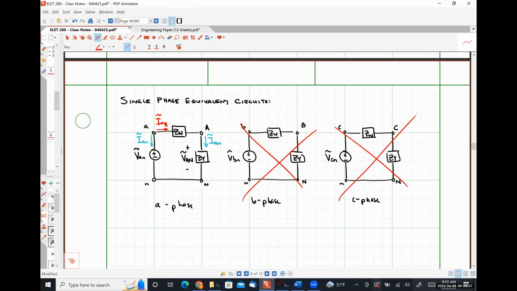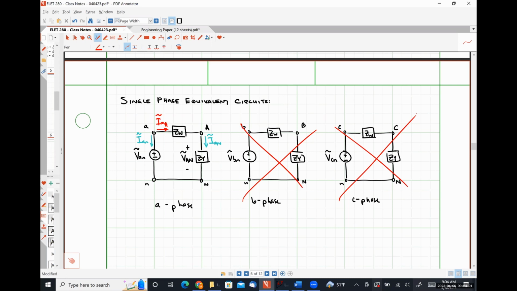If we want a C phase quantity, we solve for the A phase quantity and subtract 240 degrees. There is literally no reason to keep doing the same math over and over again when we can get the exact same result just by shifting it to the B phase or the C phase. Because in a balanced three-phase system, we know that all of these magnitudes are the same across each phase.